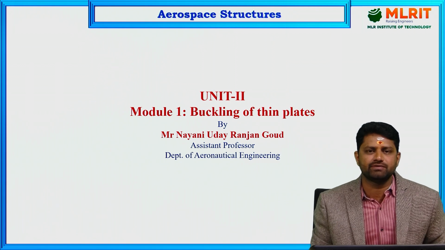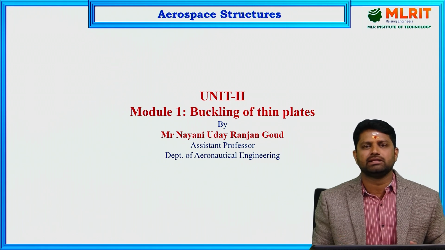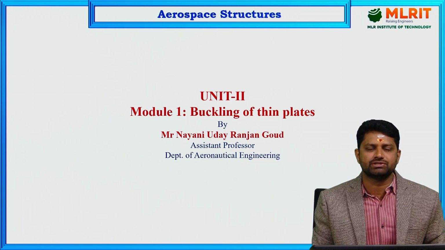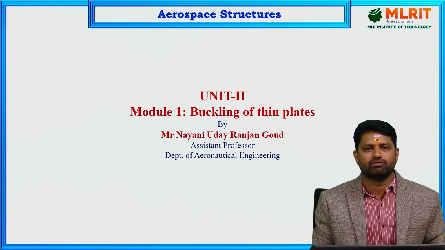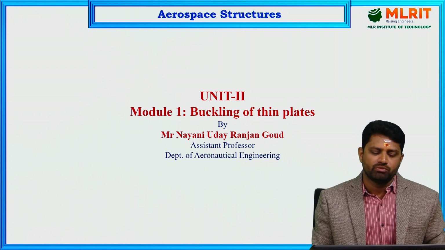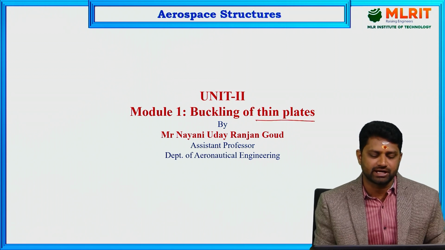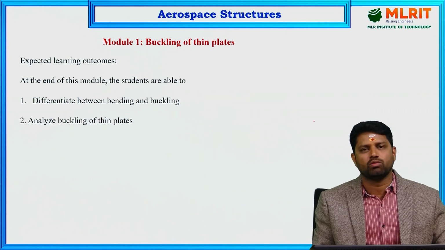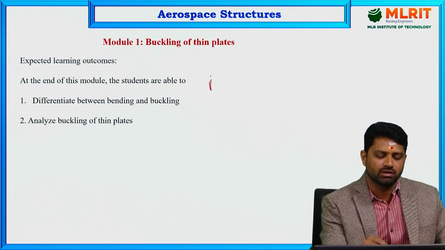Now the thin plate we have seen in Unit 1, in which we consider two dimensions, a cross b, followed by the thickness, which is very small when compared with the lateral dimensions. So before this buckling of thin plates, let us try to remember the other one, that is buckling of columns.